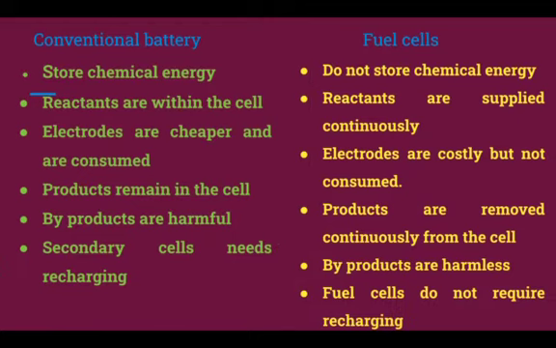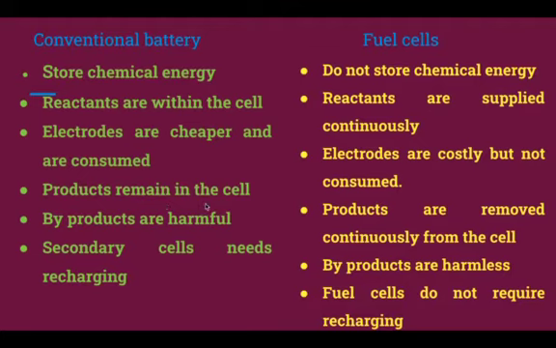Now the major difference between conventional battery and fuel cells. Conventional batteries store chemical energy, whereas fuel cells do not store chemical energy. In conventional batteries, reactants are within the cell, whereas in fuel cells the reactants are supplied continuously from outside. The electrodes in batteries are cheaper and are consumed, whereas in fuel cells electrodes are costly but not consumed during the reactions.